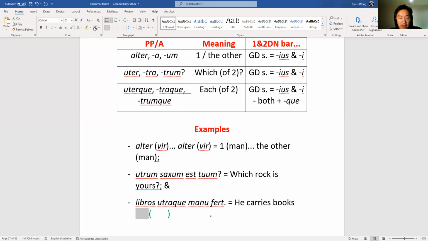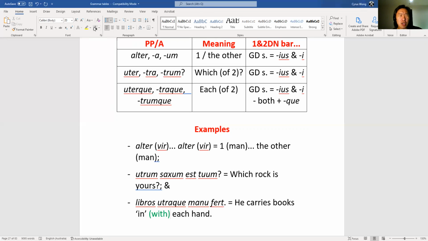And the last sentence, so I'll just highlight it here. Libros utraque manu. That's a long a because it's ablative. See how it has to have the que ending, but manu is ablative feminine singular. So manus, manus, manum, manus, manui, manu. And utraque is ablative feminine.